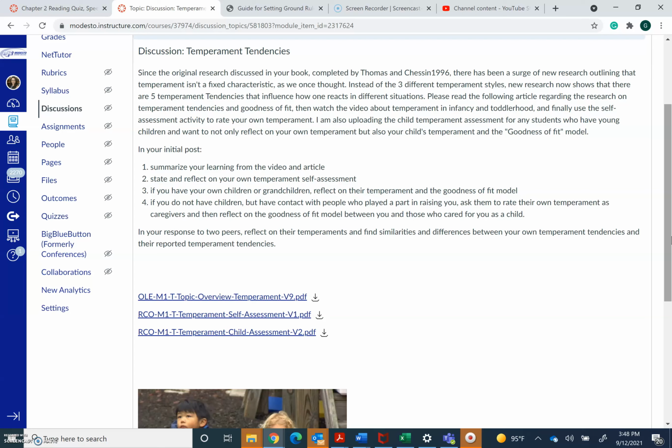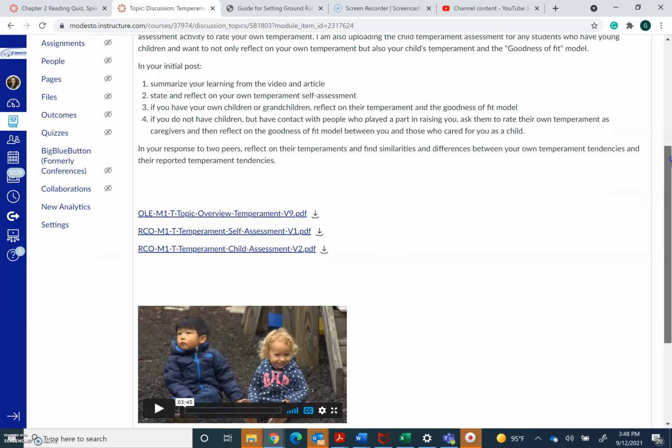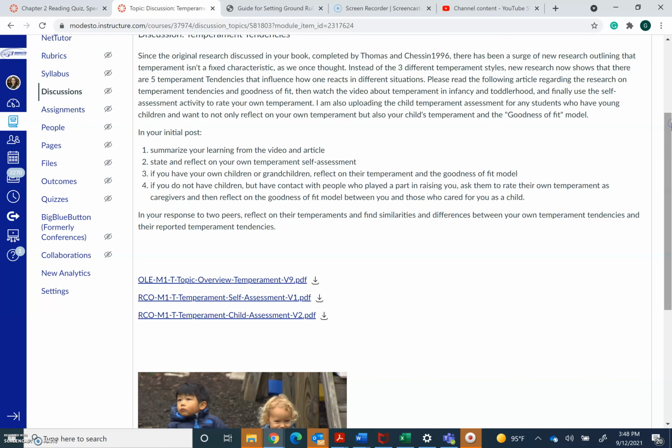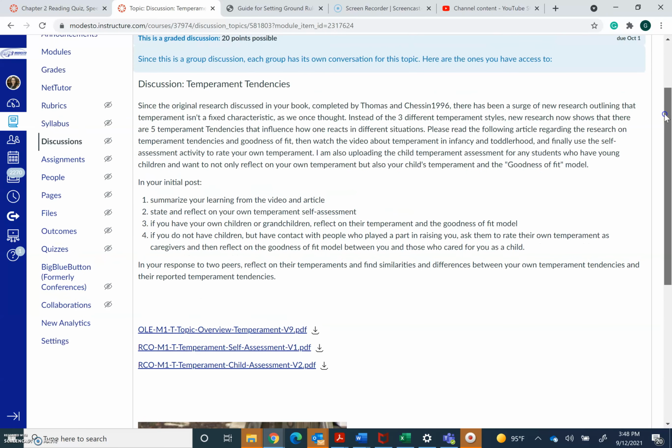But in the newer research, we actually see that temperament often changes with situations. The way that somebody responds to different situations is typically inherent and something that children are often born with. Personality, on the other hand, develops from a temperament that is inherent. So temperament and personality are definitely 2 different things.